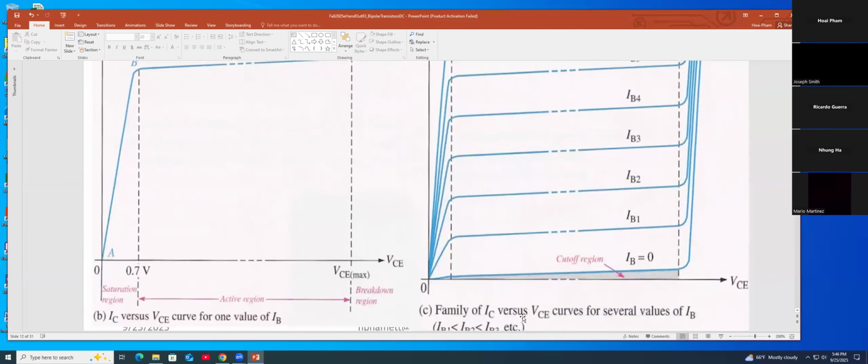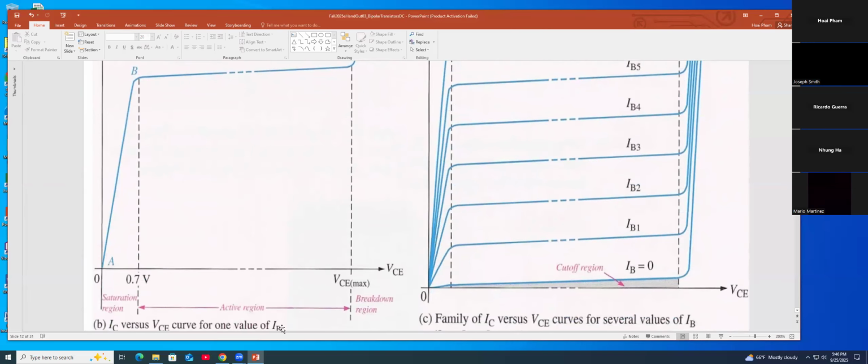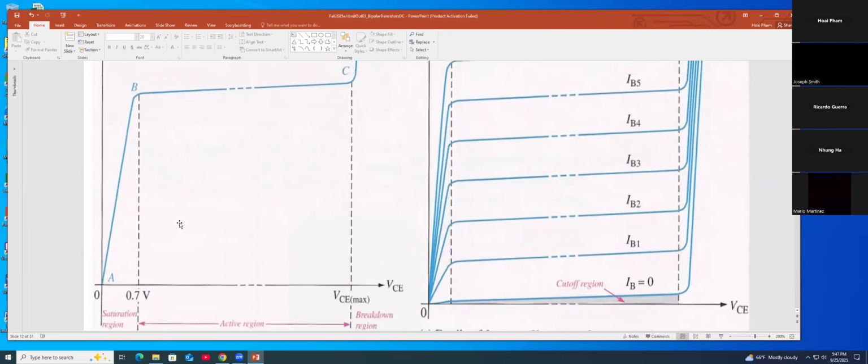Okay, they've given you a little more. This is the active region. Active region, this part here. Saturation.